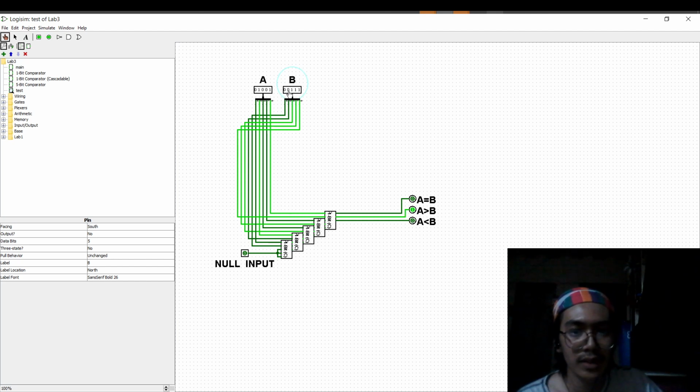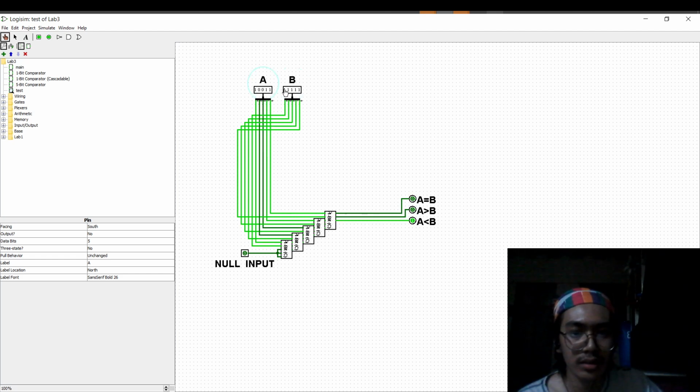If now we change the most significant bit, we now have 0, 0, 1, 1, 1 for B, and A is 0, 1, 0, 0, 1. You can now see that A is less than B, so it actually holds true. I'm creating more combinations.